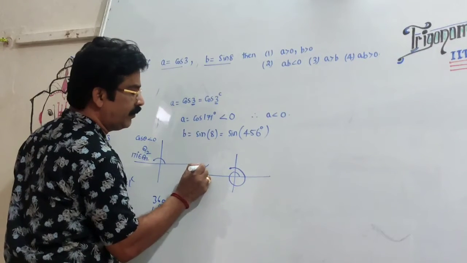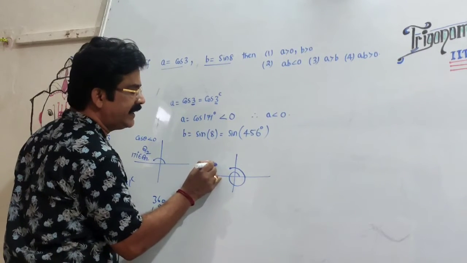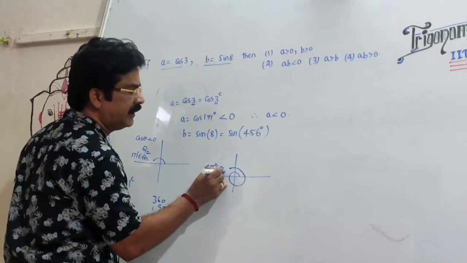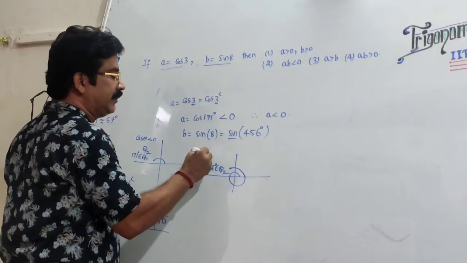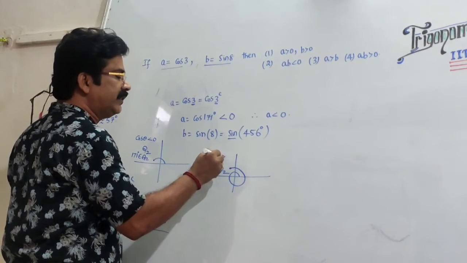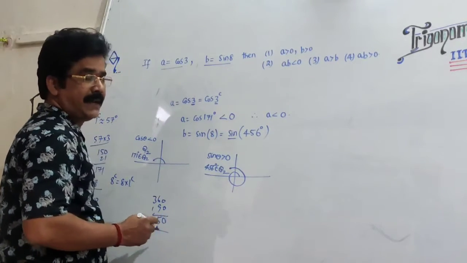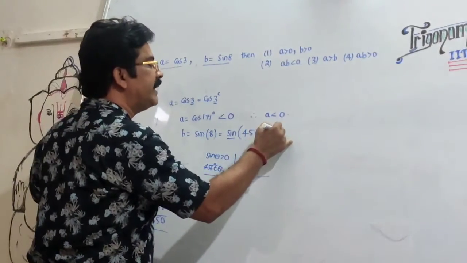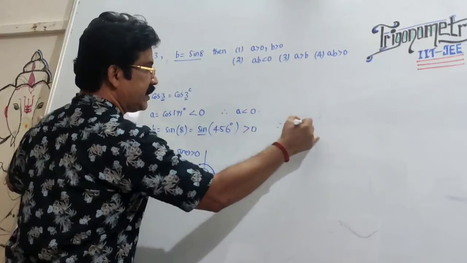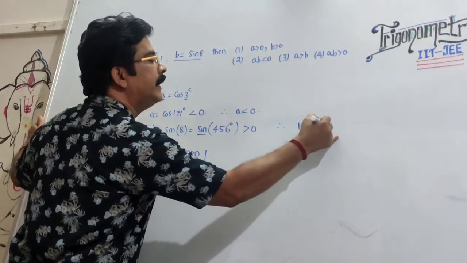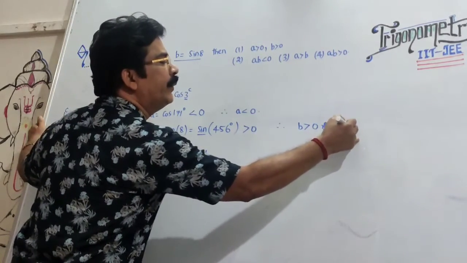It also belongs to the second quadrant. In the second quadrant, sine is positive. Understand? Right. So therefore, definitely it is positive. Therefore, B is positive and A is negative.